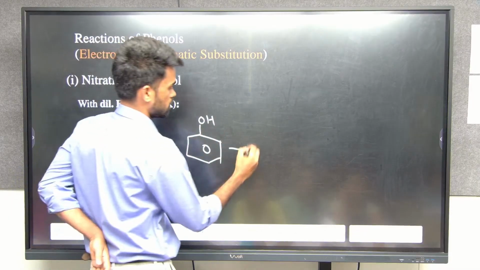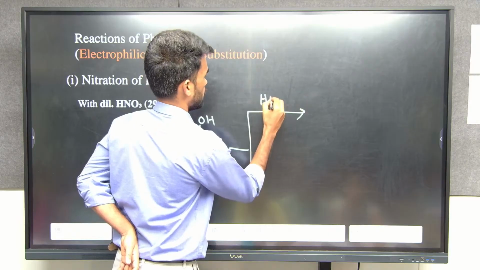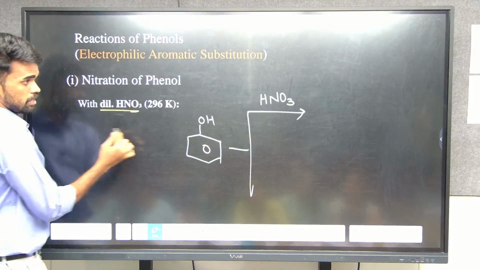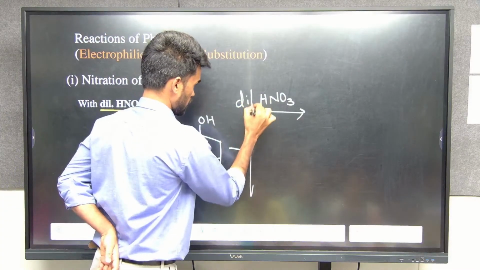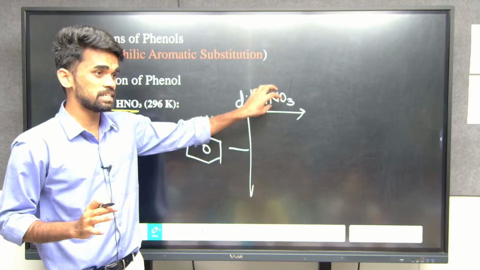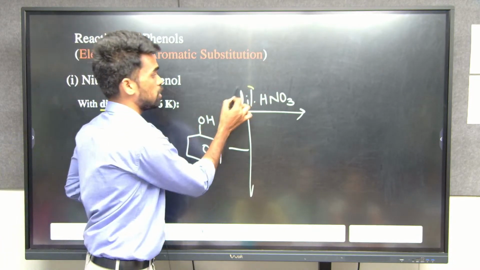Phenol, upon treating with HNO3, what is specifically mentioned? Dilute. If you do dilute nitration, like we are treating with dilute nitric acid now, this is called nitration of phenol. So this is dilute now.